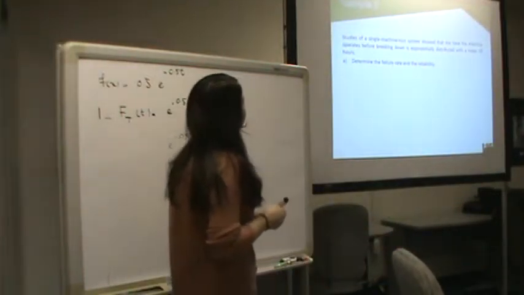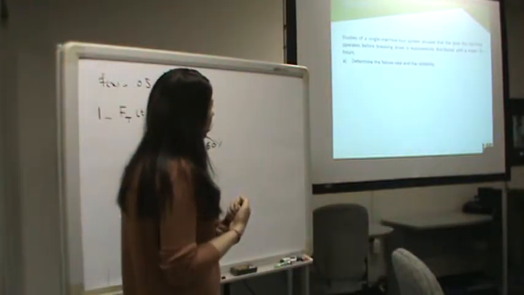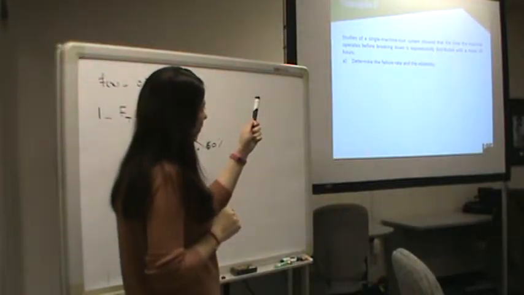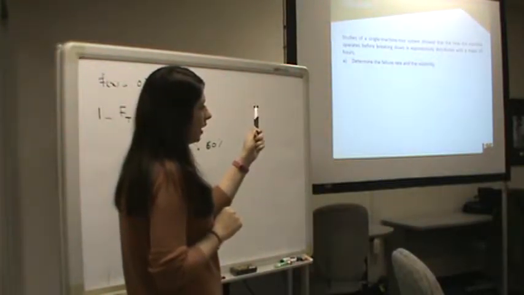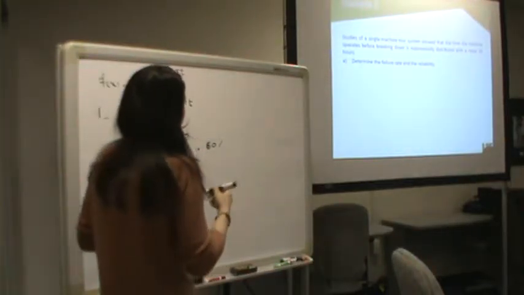Alright. So, how can we calculate the failure rate? Here it's saying that the mean of breaking down is 10 hours, right? And we are looking for the rate.